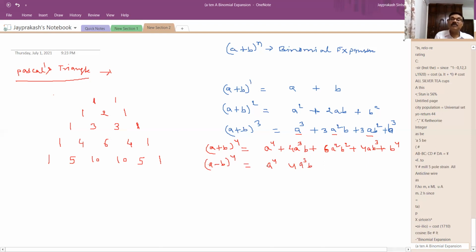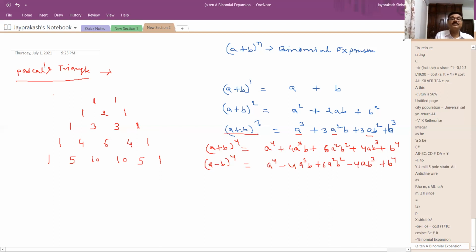The first term will be positive, the second term negative, alternating positive and negative. Start from positive, next term negative, again positive, then negative, again positive. So a4 minus 4a cube b plus 6a square b square minus 4ab cube plus b4. Okay.